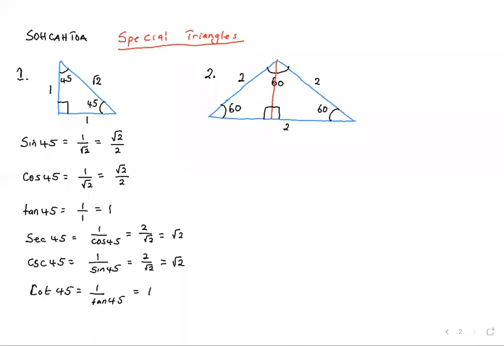And this one here will remain as 30. This one will remain as 30 because they're cutting 60 in between. And what was 2, this side will be 1, the other side will be 1. So you can extract a special triangle here of this nature.